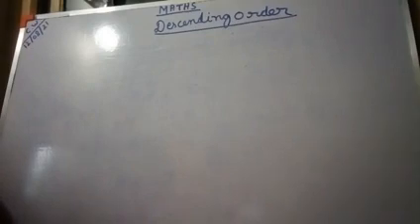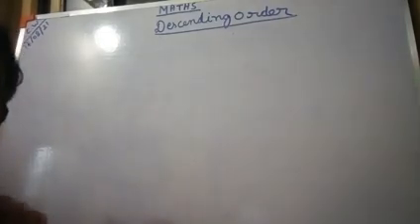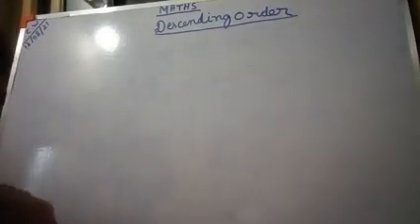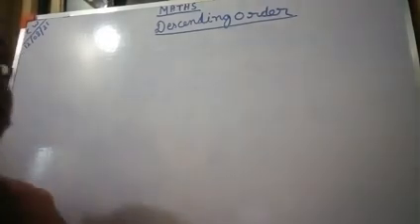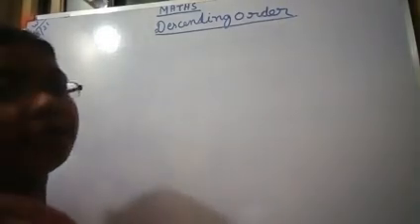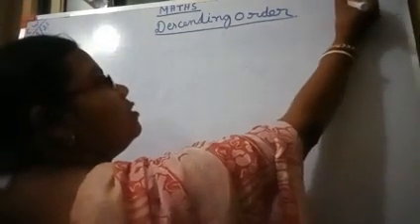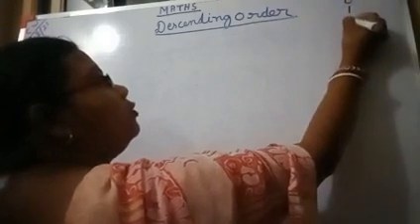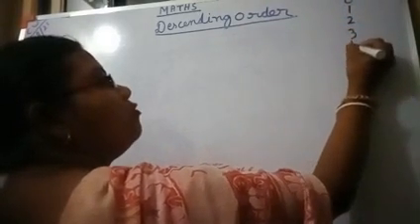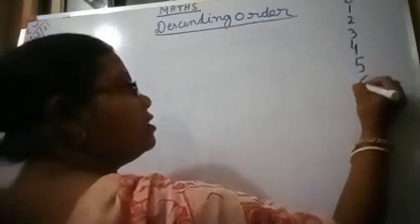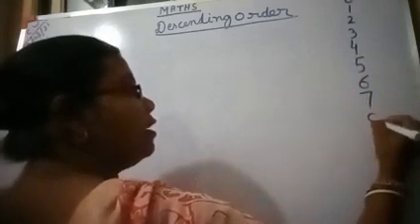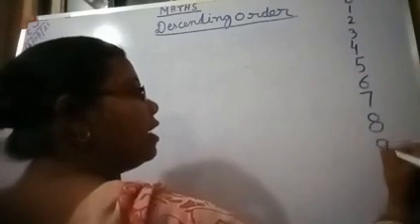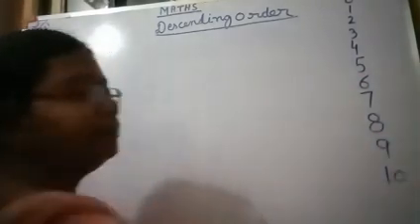The best way is to use the concept of tens and ones place numbers, then we can identify the bigger number and the smaller number very easily. See, if I'm writing 1 to 10, I will start from 0, 1, 2, 3, 4, 5, 6, 7, 8, 9, 10.